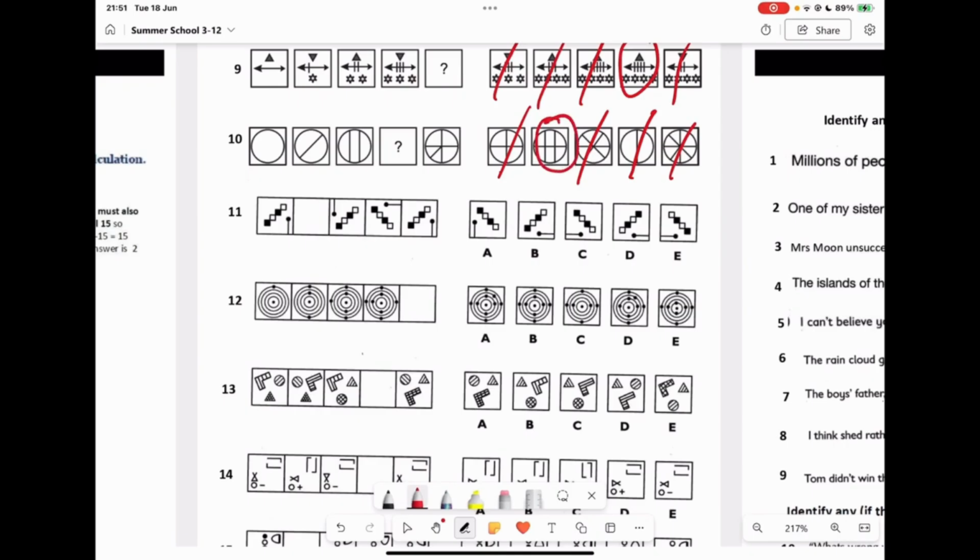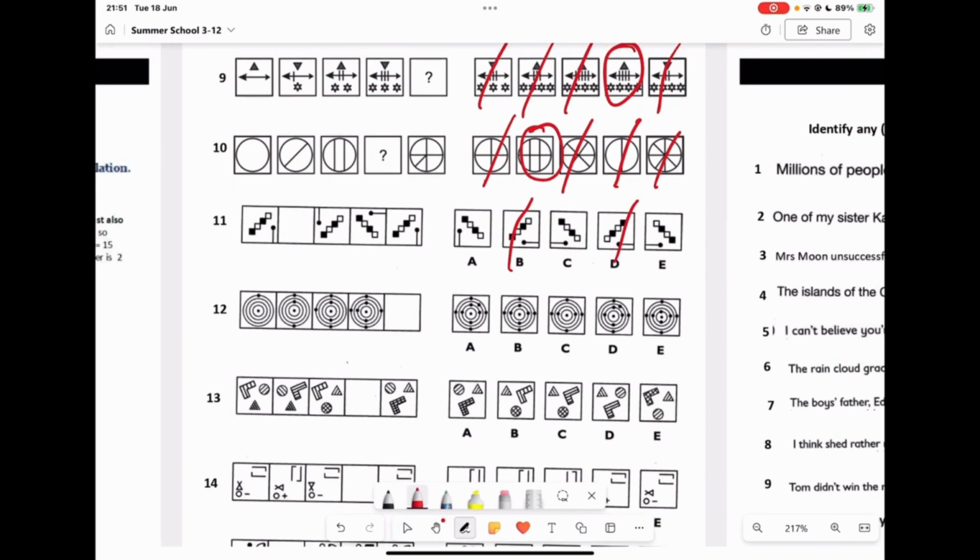Looking at question 11. So for question 11, we can see that the shape is going to be reflected in the y-axis each time. So it cannot be B or D. Then the line with the circle at the end is also moving.